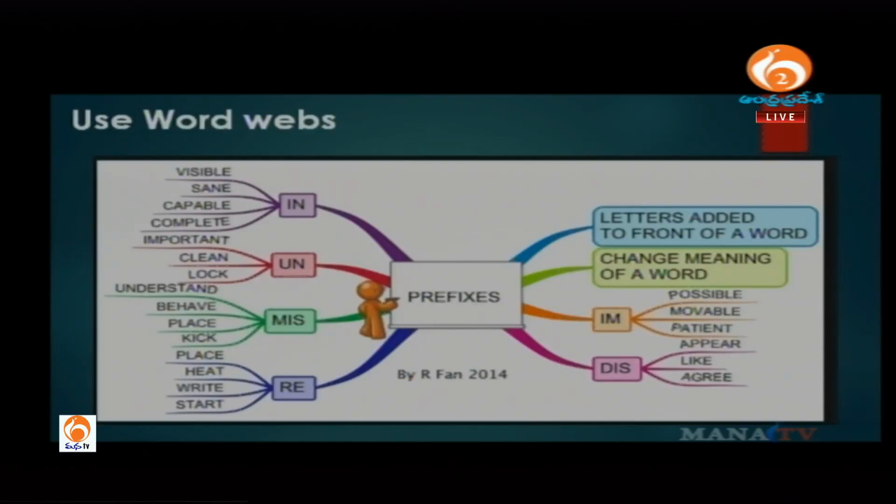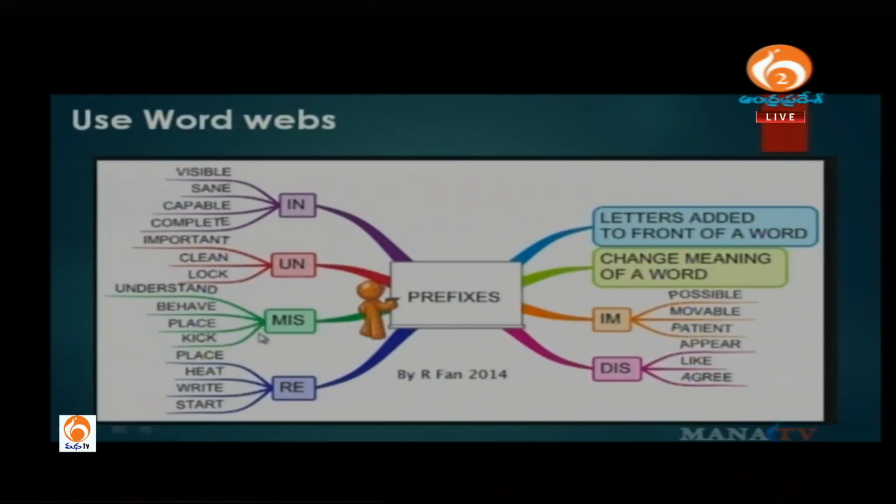When I am adding UN, the word important, the opposite is unimportant. Lock, unlock, clean, unclean. When I am adding MIS as a prefix: behave, misbehave, place, misplace, kick, miskick.